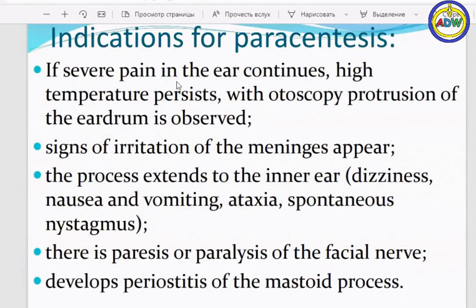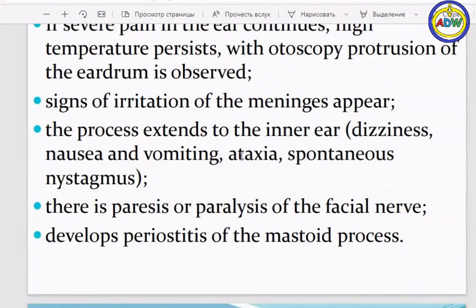Which indications? If severe pain in the ear continues, high temperature persists, and with otoscopy protrusion of the eardrum is observed. Because in this case, signs of irritation of the meninges appear. How can we see that irritation of the meninges?